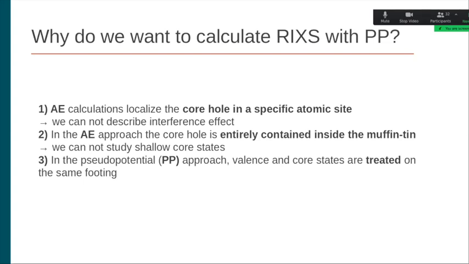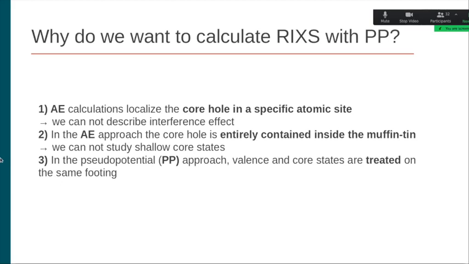So this means that we will be localizing the core hole in a specific atomic site, and this will prevent us from describing important effects such as interference that might occur if you excite several equivalent atoms or degenerate states in the same process.